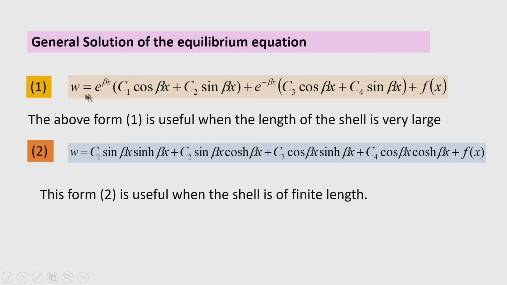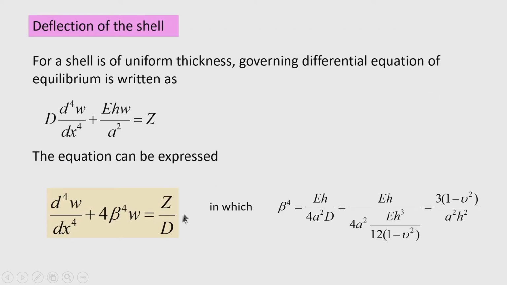If I look at form number 1, w is equal to e to the power beta x (C1 cos beta x plus C2 sin beta x) plus e to the power minus beta x (C3 cos beta x plus C4 sin beta x) plus f(x). Why is another function f(x) added?